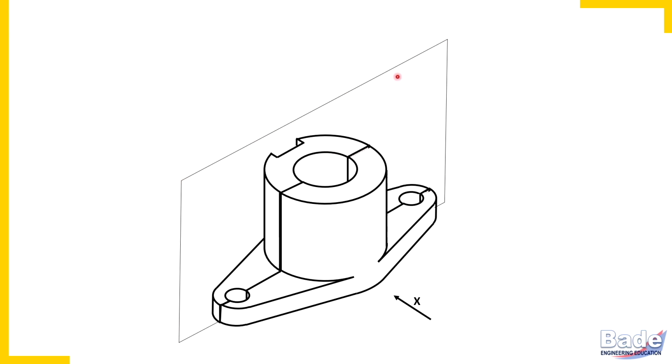Now sectional views are special purpose views. Because we want to show internal details of the object in our drawing, we have taken this cut. Now imagine the observer is watching in this direction from the front and wants to see internal details. The portion nearer to the observer must be removed.